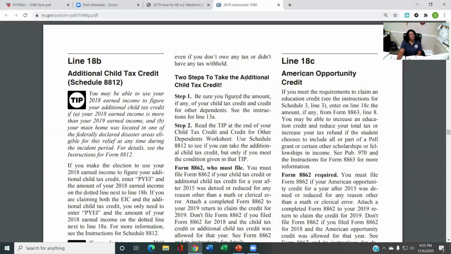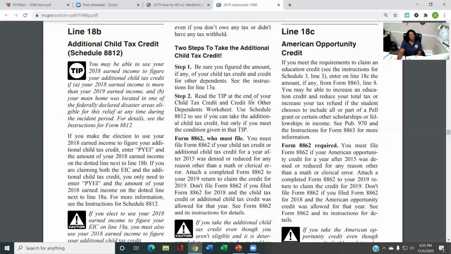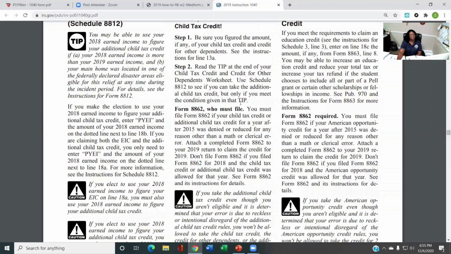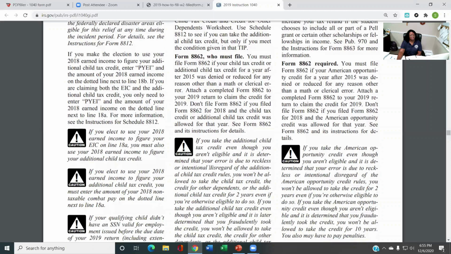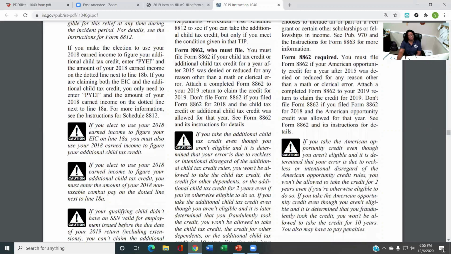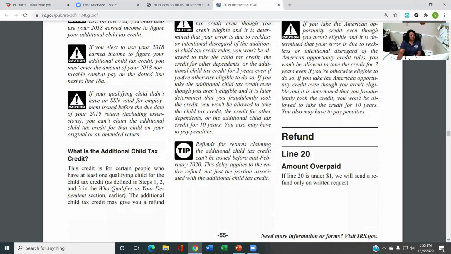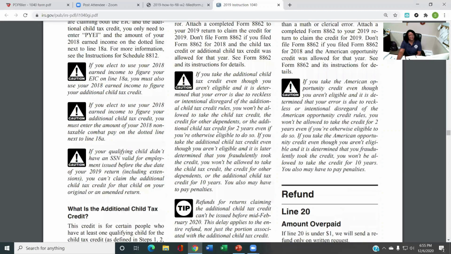Be sure you figure the amount of your child tax credit and credit for other dependents. We did that already. Read the tip at the end. If you take the additional child tax credit even though you aren't eligible and it is determined that you're not, then you'll be in trouble with the IRS.